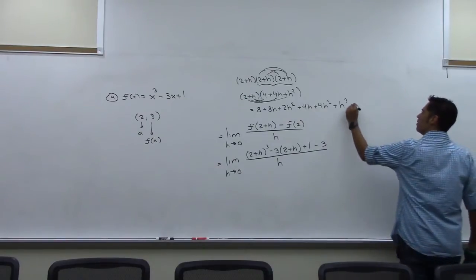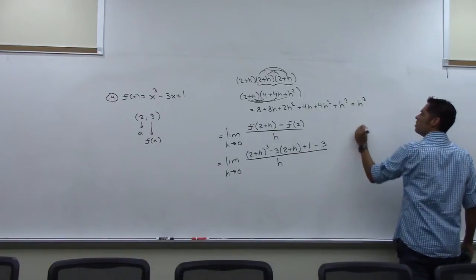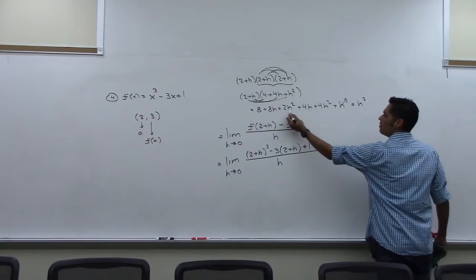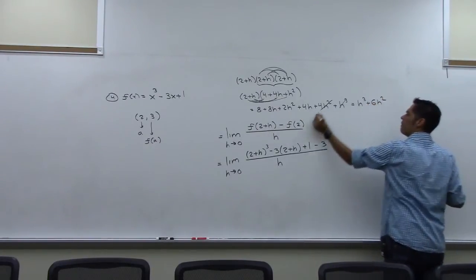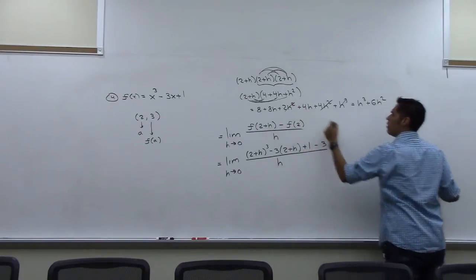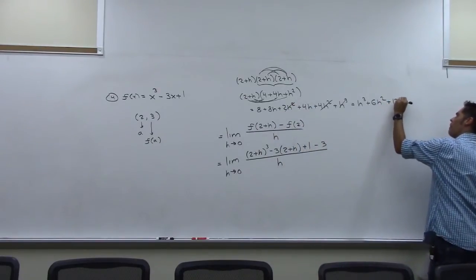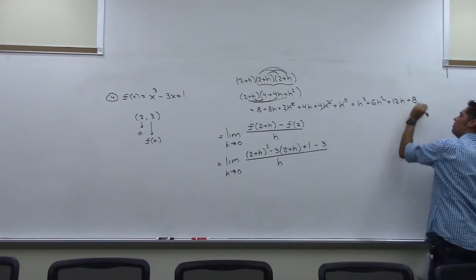And why don't I combine like terms? So h cubed, let's see, h squared, 4h squared and 2h squared is 6h squared. 8h and 4h is 12h. And then I have plus 8.